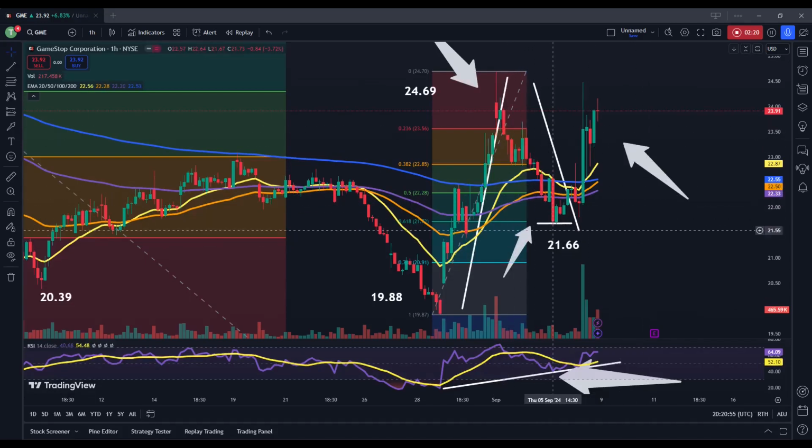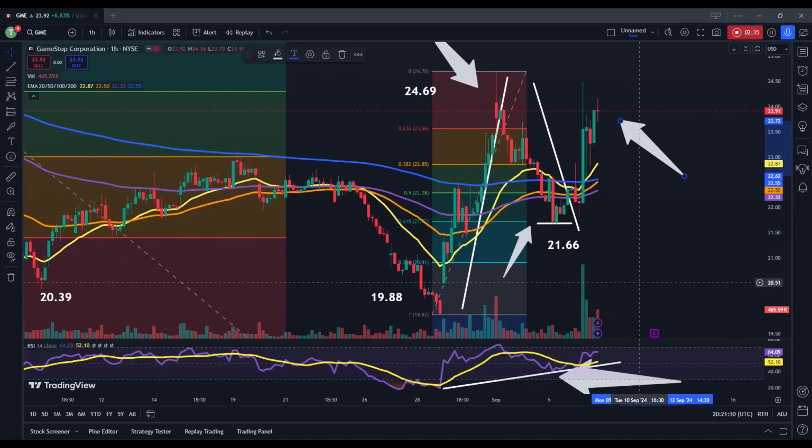But even still, we were able to find support right at the 61.8% Fib level, which comes in around 21.70. The ultimate price low fell a few cents below there, at 21.66. But as we can see, this shorter-term trend wave higher really did catch the bottom at those levels.